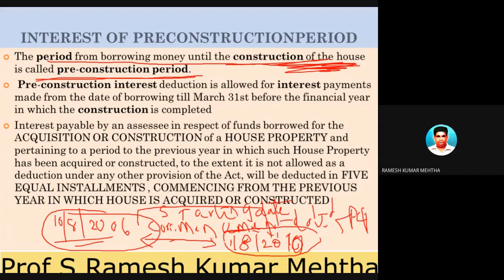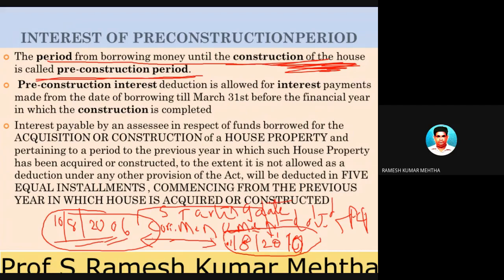But he has been paying interest regularly from 10 August 2006 to before the date of construction. So this particular expenditure, incurred as interest on borrowed capital for the construction of house property, was not allowed, because there was no existence of the house property.